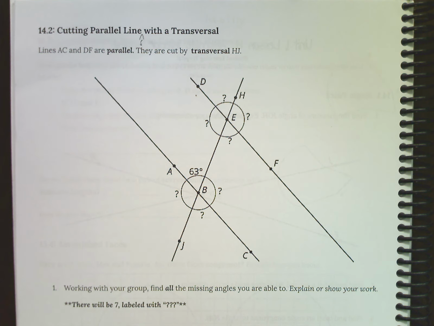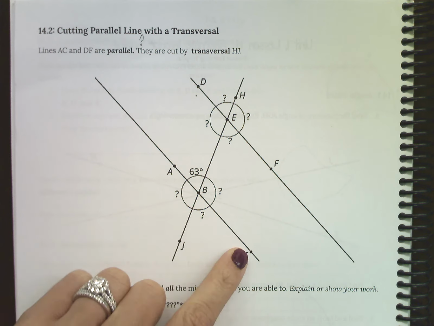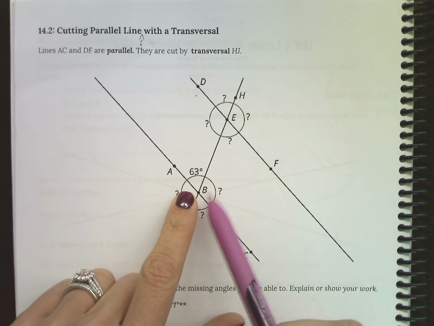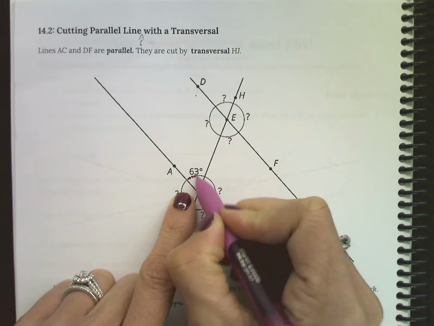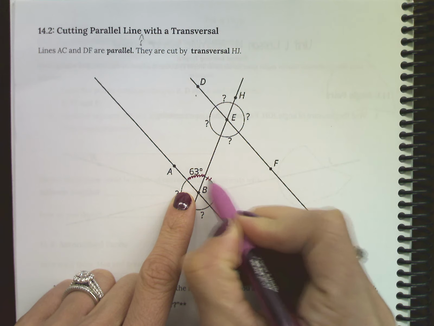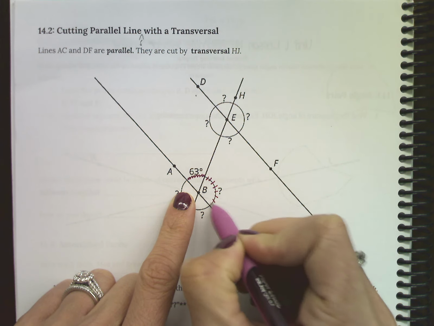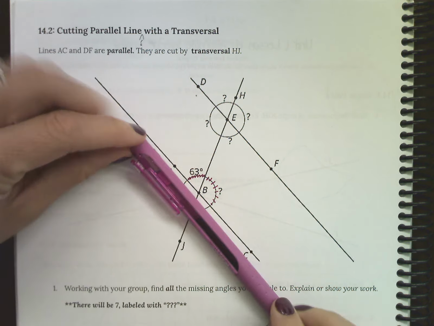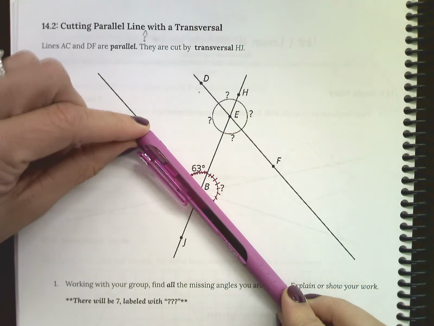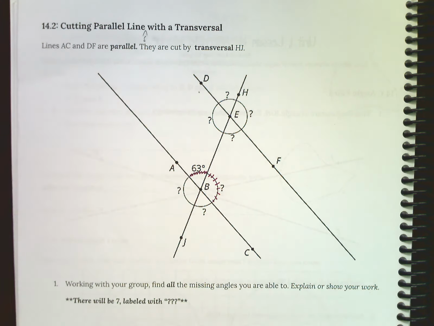If you did the first activity, you should remember that in a perfectly straight line, these two angles are going to add up to 180. So this angle of 63 plus this angle B should add together to be 180 degrees, because it makes a perfectly straight line, and there are 180 degrees in a straight line.